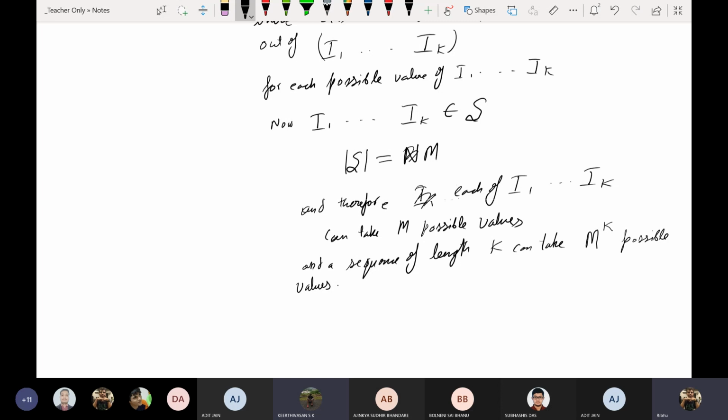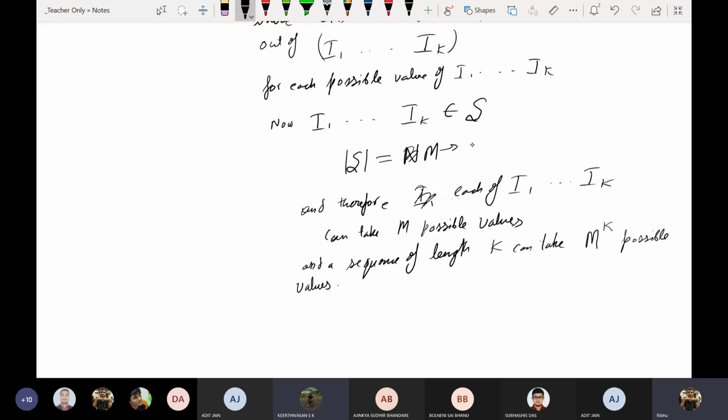So M is different combinations of symbols? No, each constellation has M symbols. So each symbol has log to the base 2 M bits. Could you define what is M?